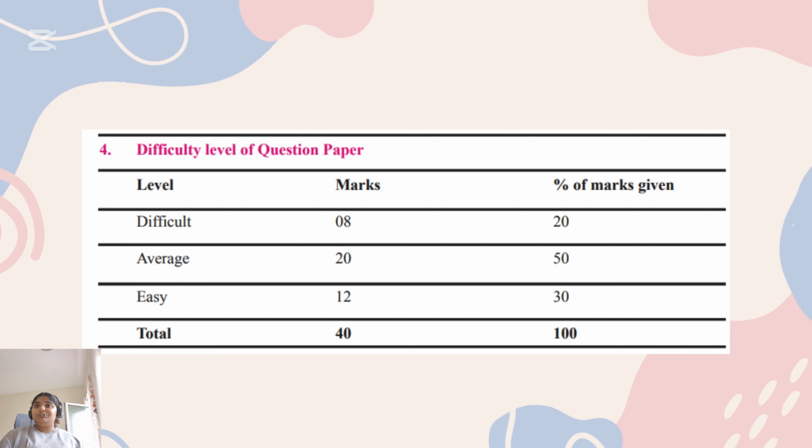The average questions, which are not too hard, not too easy, will have 20 marks, and they have 50% of your marks given. And the difficult ones have 8 marks of value, and they have 20% of the total marks that you will get. So I hope you have understood that.